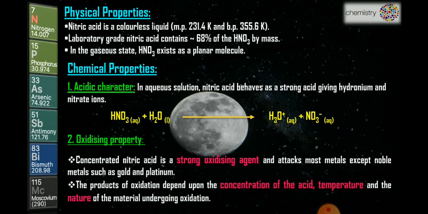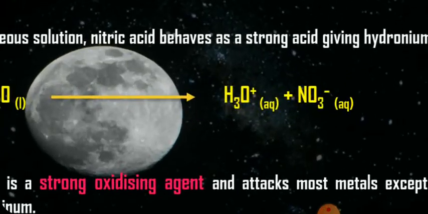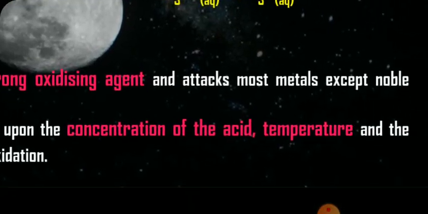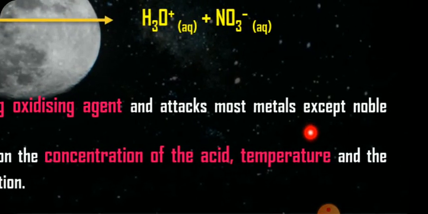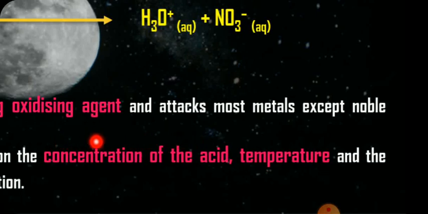And when nitric acid is used as an oxidizing agent, the products of oxidation depend upon the concentration. The product of the oxidation process depends upon what? Concentration of the acid. So if the acid is strong, concentrated, we'll get one kind of product. If the acid is dilute, we'll get another kind of product. And the concentration will decide the formation of product.